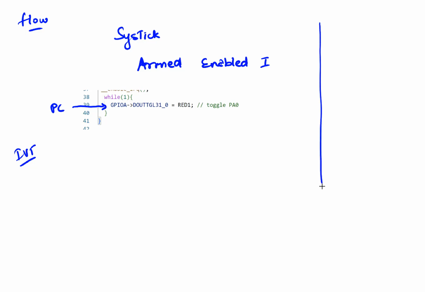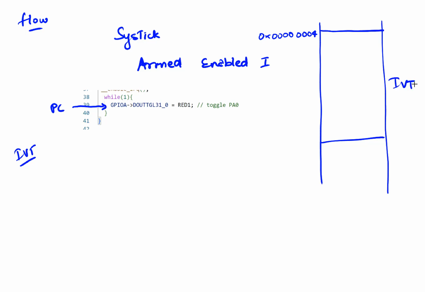We know that the interrupt vector table resides at 0x00000004. That's where it starts. And for every interrupt in our system, there is an address here. So every 4 bytes here make up an address. There's another one at 8 and so on.